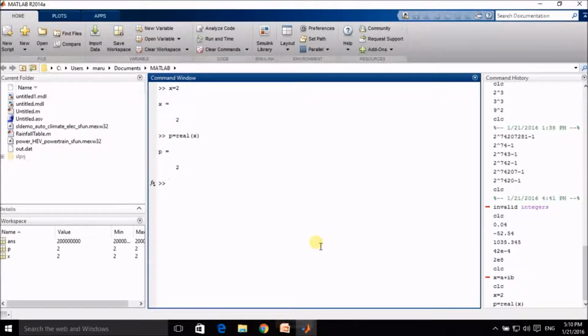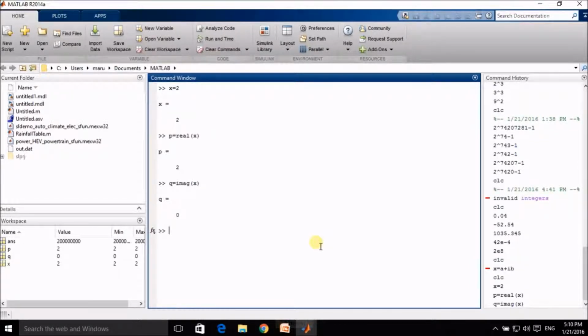Now q equal to imag, that is the imaginary value of x. It is 0. Why?